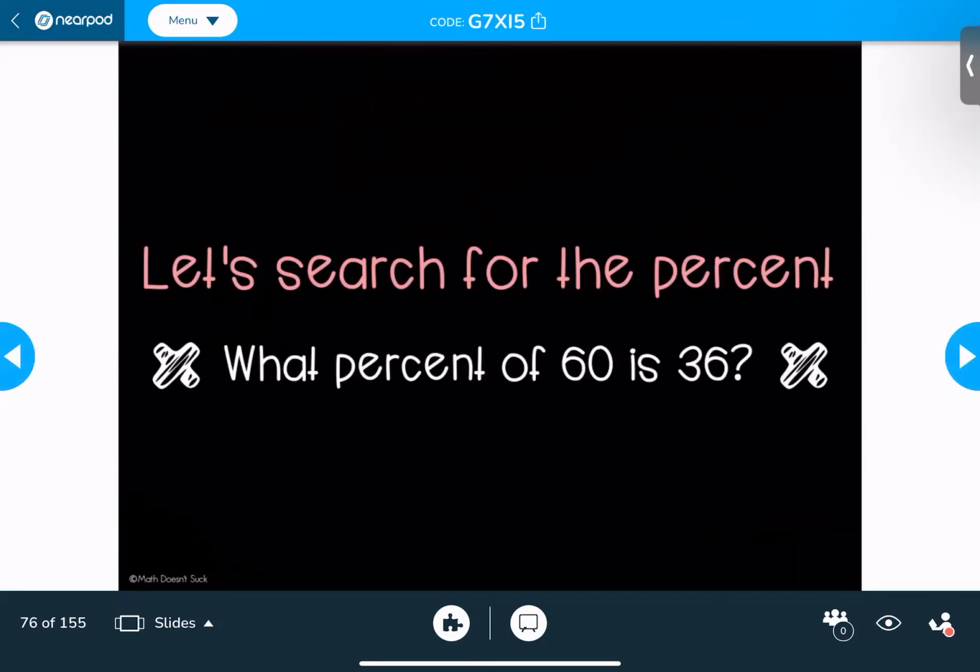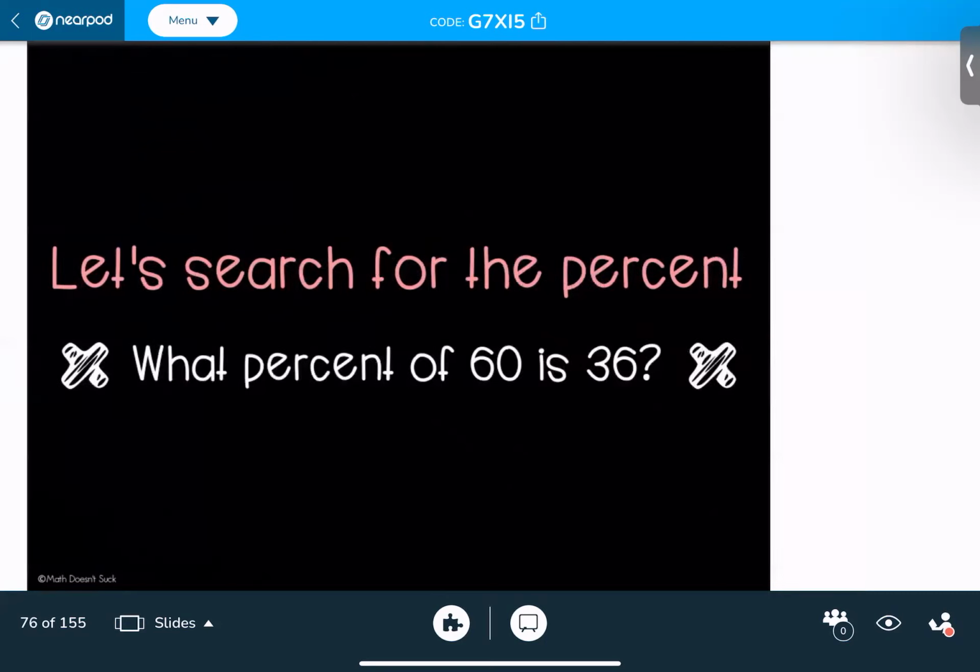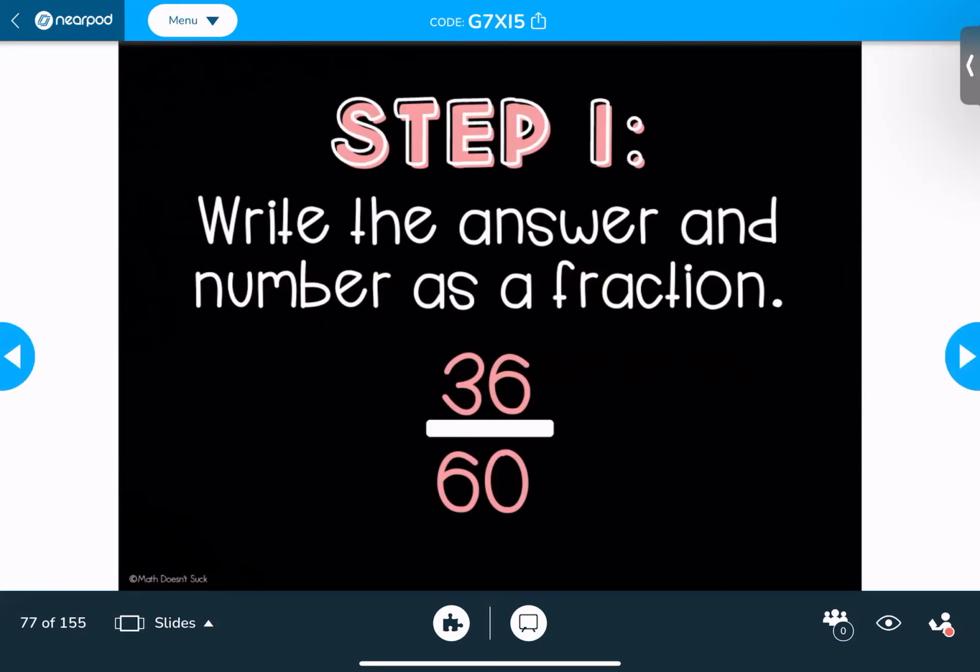Step two is when we're given the number, we're given the answer, and we need to find the percent. If this is what we are searching for, then step one is to write it as a fraction. The top is your answer, the bottom is the total number. So whatever percent of 60 gave us 36.